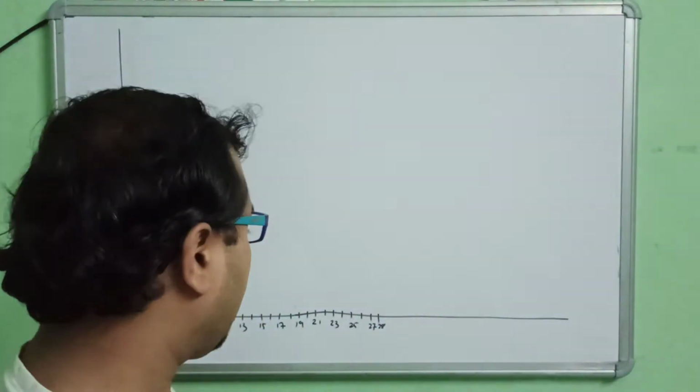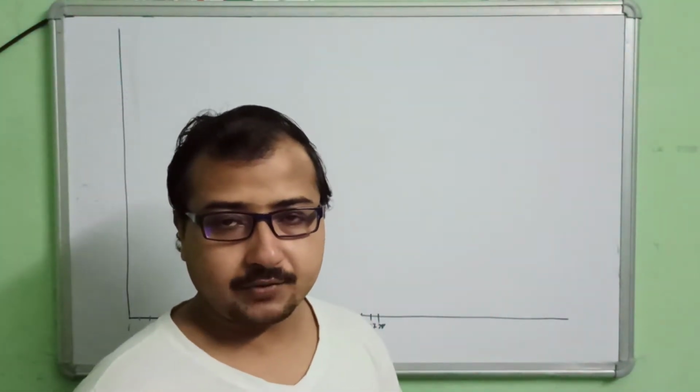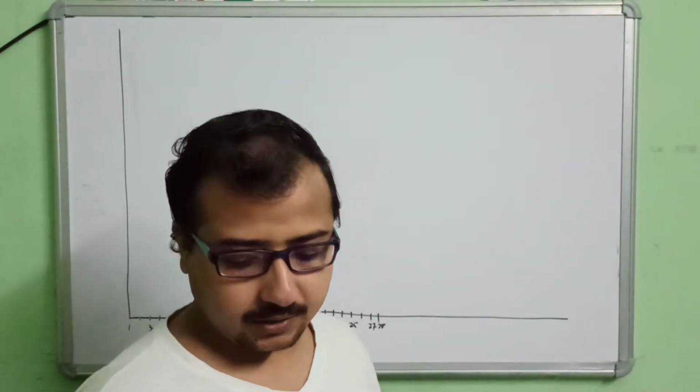Okay, and now let's write the phases. First we have seen the menstruation phase, so let's label it first. Menstruation phase is here in the beginning.